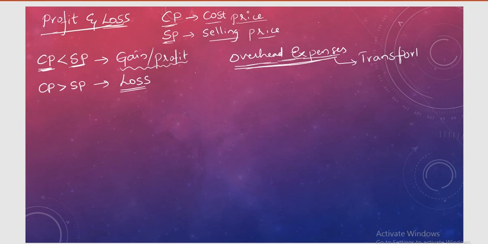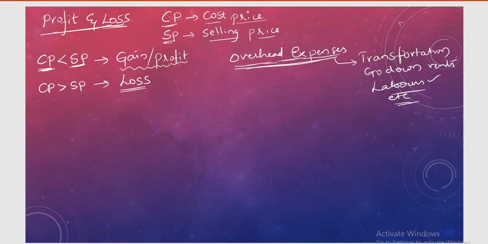Then he needs to spend money on transportation, right? If he wants to store it, he needs to pay godown rent, right? Next, to get the things done, he needs to make use of labor, right? Likewise, we are going to have different types of amount adjustments here.